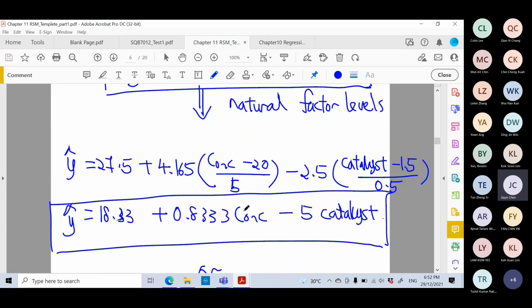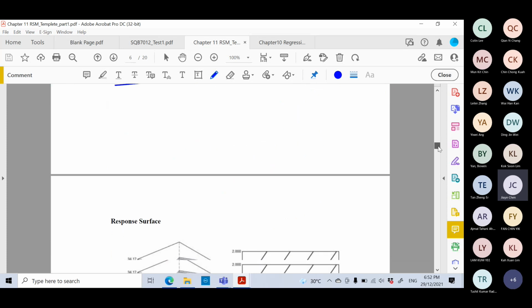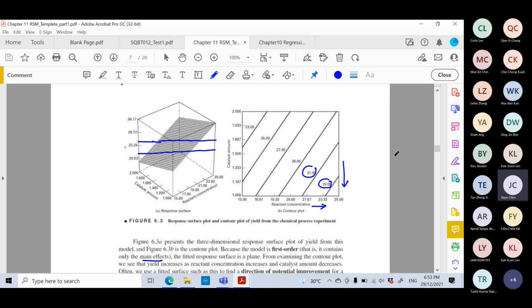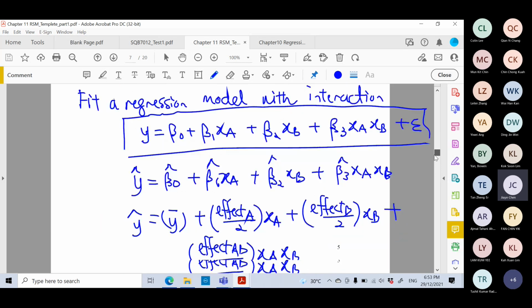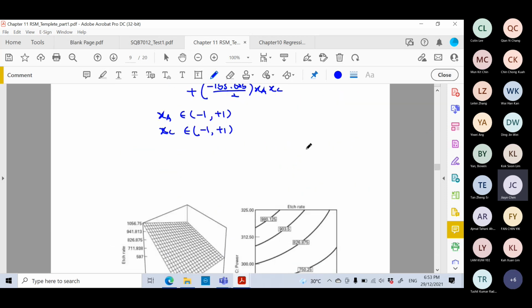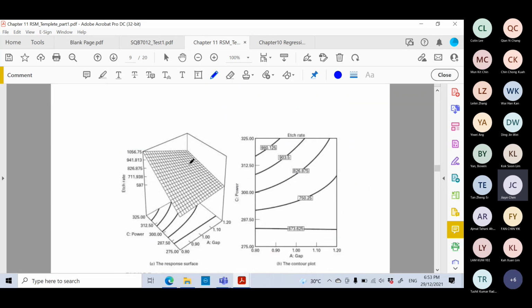If you have a linear model, then your contour plot and your response surface will be linear. But in the following example, we are no longer linear because we have an interaction term there. So the equation will look like the following one. You have a certain curvature part.